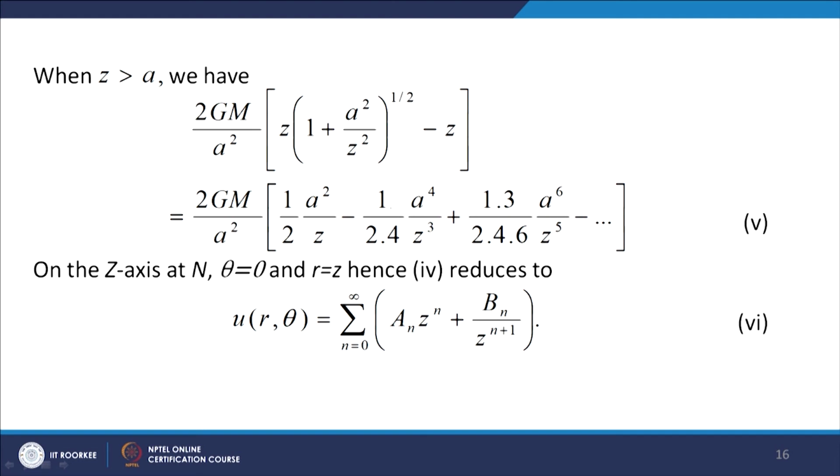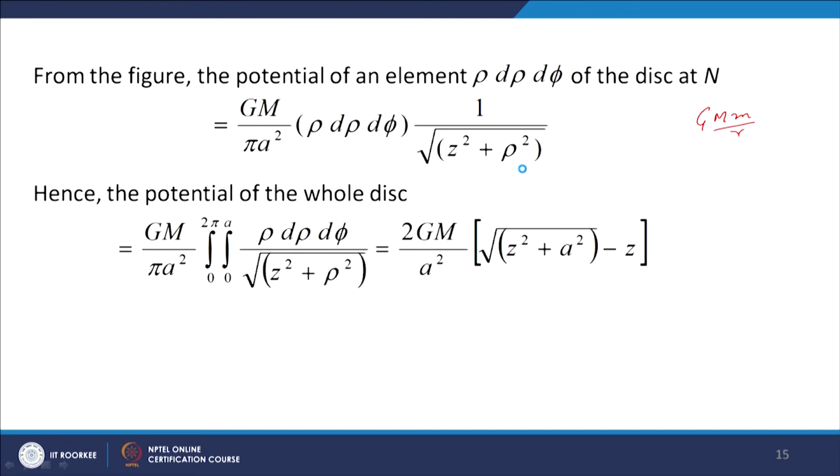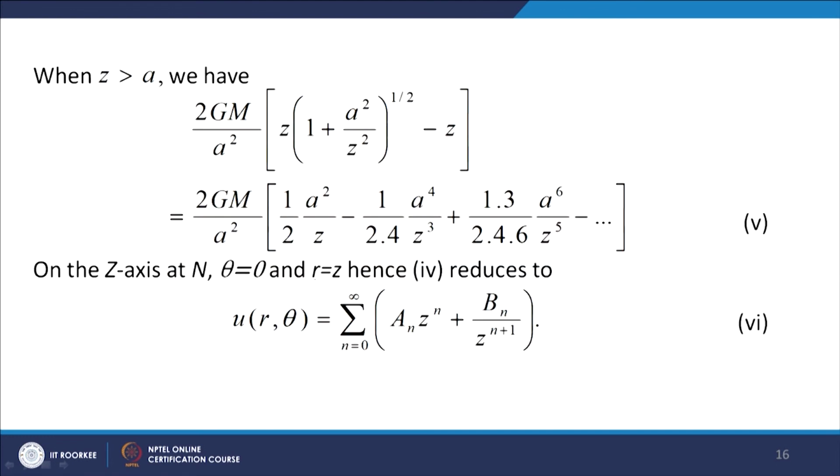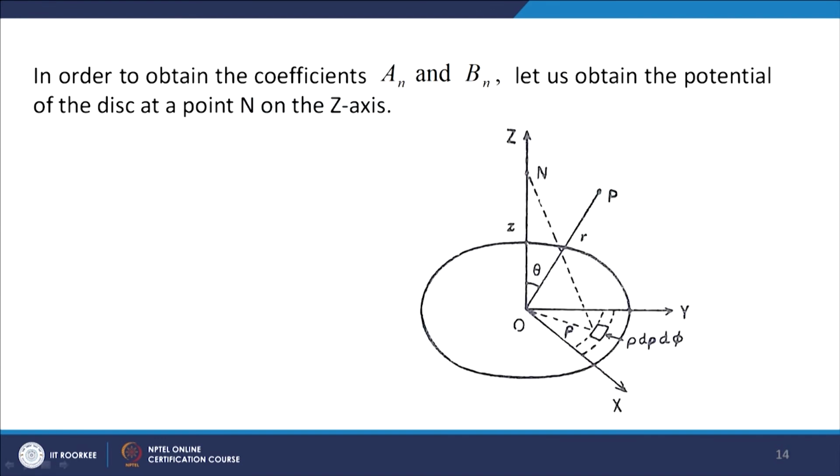This is on the z axis, at the point N. Let us look at the figure. At the point N, theta is equal to 0 and z is equal to r. So r is equal to z. This distance, this is r, which is z.